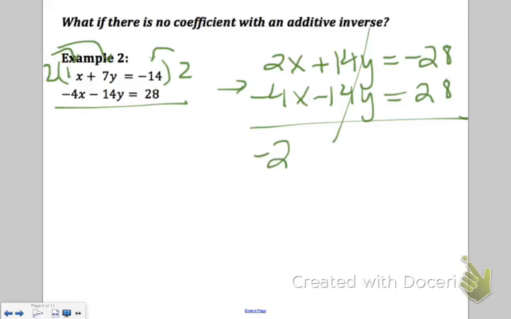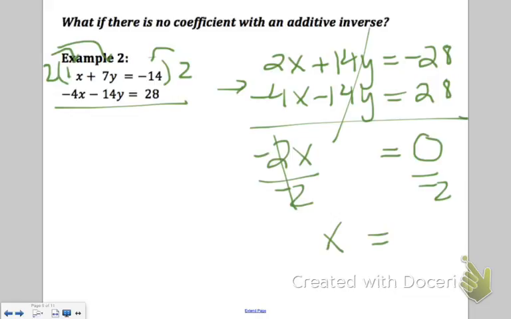So we're left with -2x equals -28 plus 28, which gives us 0. If we divide by -2 on both sides, we find that x is equal to 0. So now we're going to substitute that into either one of the equations to solve for y. So I'm going to substitute it into the original equation, the first one, since I have fewer steps.